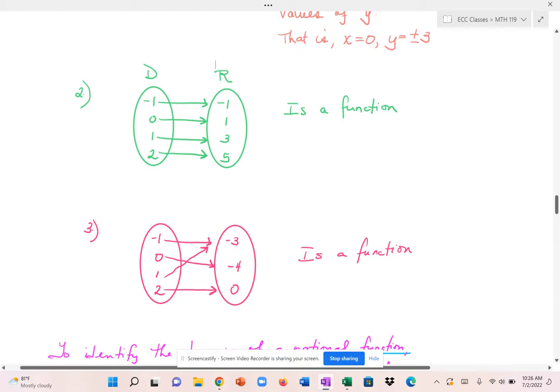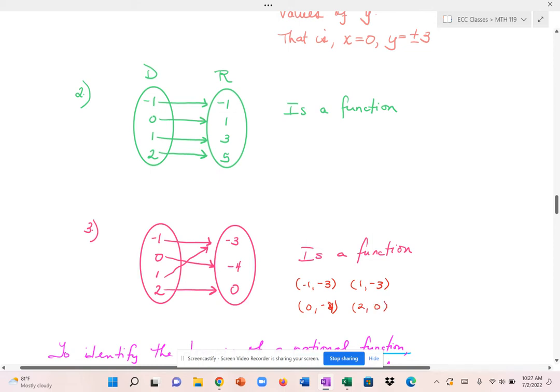This one is also a function. When x is -1, y is -3. When x is 0, y is also -3. When x is 1, y is -3. And when x is 2, y is 0.